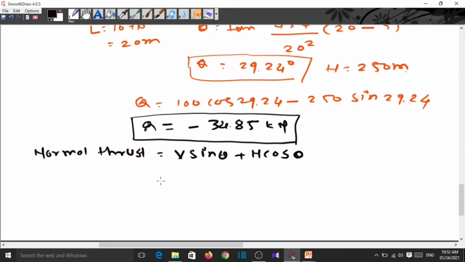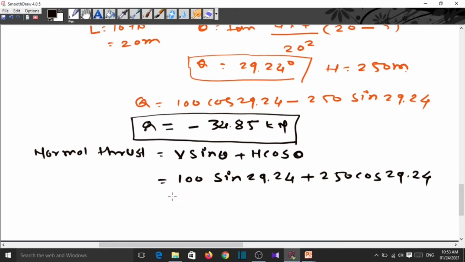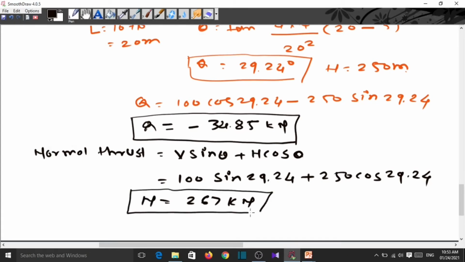So we have all the values. V is equal to 100 sin 29.24 plus 250 into cos of 29.24. So that is equal to 267 kilonewton. So here we got the Q and the N.